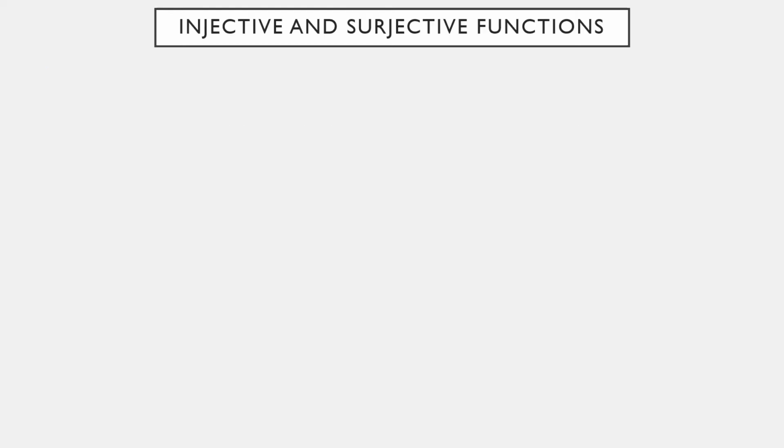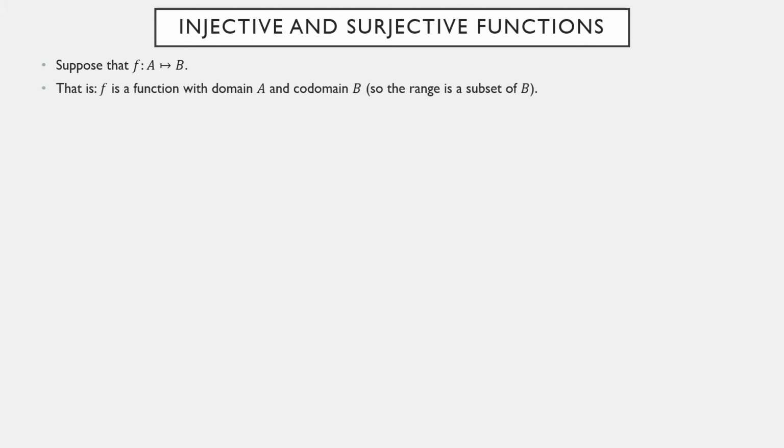Well, now that we've talked about what functions are, we can talk about special types of functions, specifically injective and surjective functions. Suppose I have f, which maps the set A to B, a function. So f is a function, its domain is A, its codomain is B, and the range is therefore a subset of B. A function is called injective if, for any two elements of the domain, if I assume that their values in the range are equal, then I must have started with the same thing in the domain.